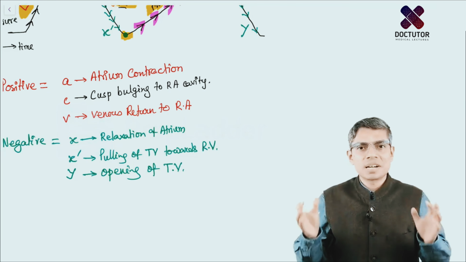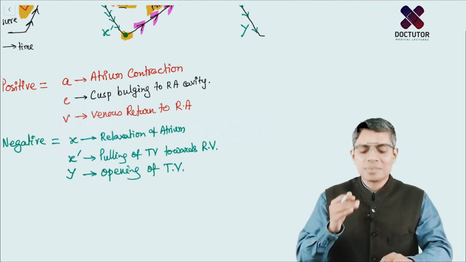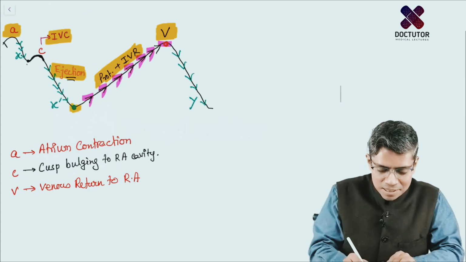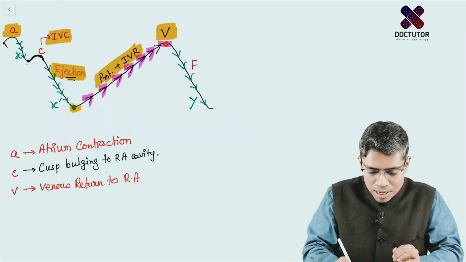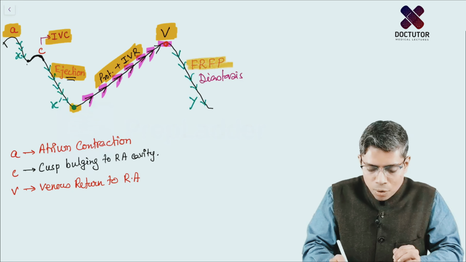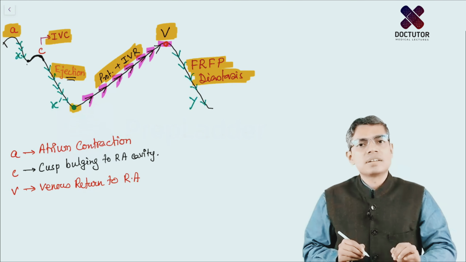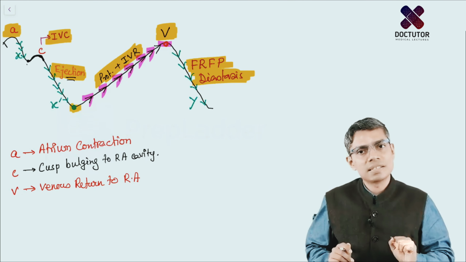Whenever there is opening of the tricuspid valve, ventricular filling starts. That means if I ask you during which phase of the cardiac cycle the Y descent is happening, your answer will be the first rapid filling phase as well as the diastasis phase. There will be more and more dropping of atrium pressure, and that is the Y descent.